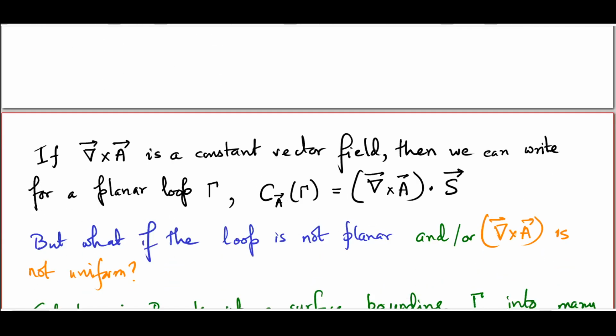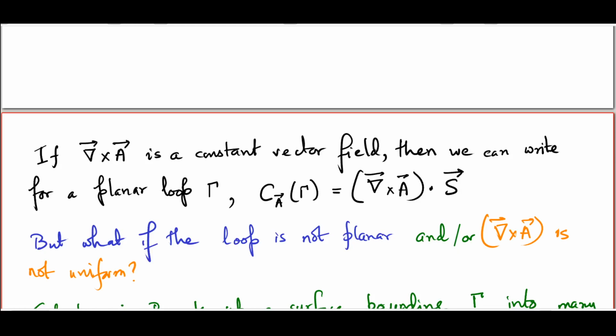Now, the question of course is, what if the loop is not planar and or curl of A is not uniform? In each of these cases, we cannot use the simple formula that curl of A dotted with S is going to give you the circulation. However, what we can fall back upon here is exactly the same thing that we have used over and over again wherever we had a simple formula which we cannot use because of something varying.